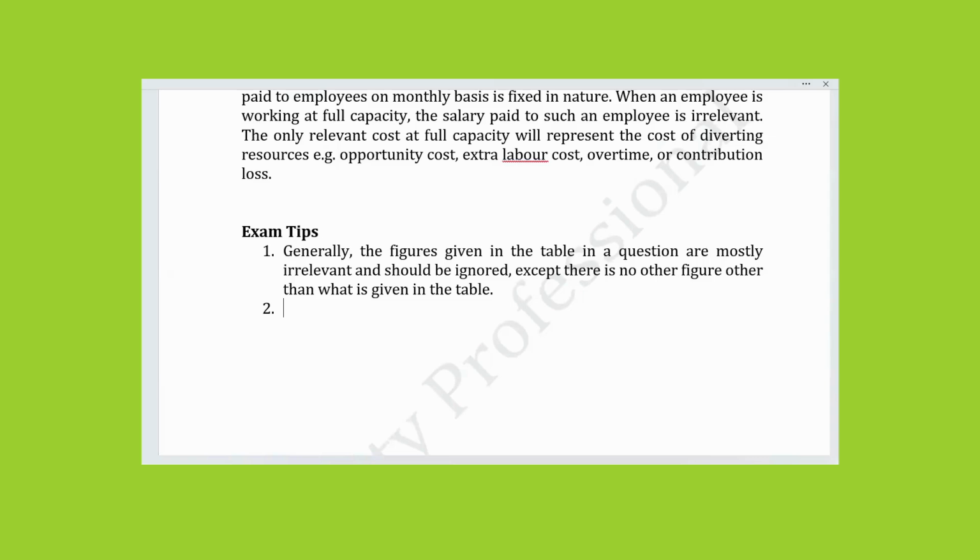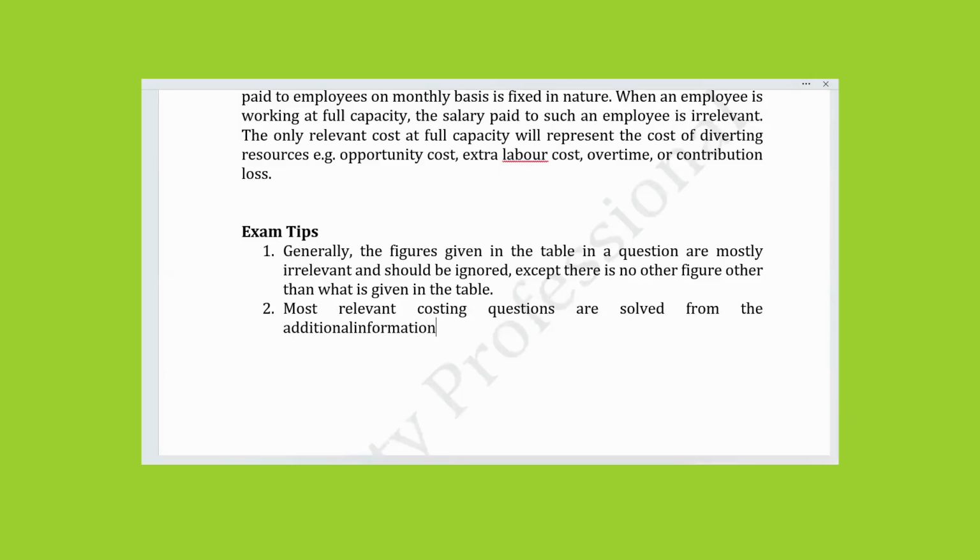That's another point. Most relevant costing questions are solved from the additional information provided.